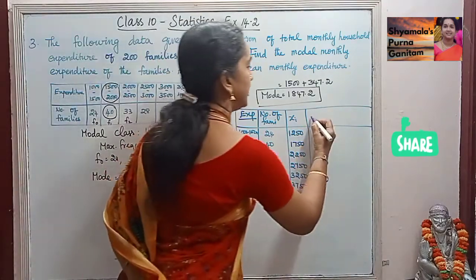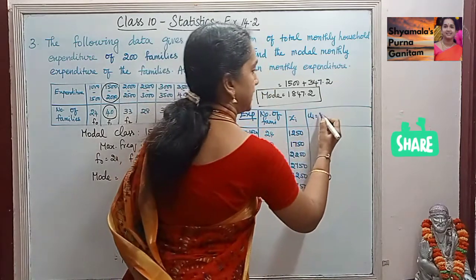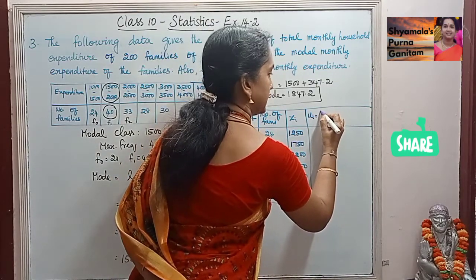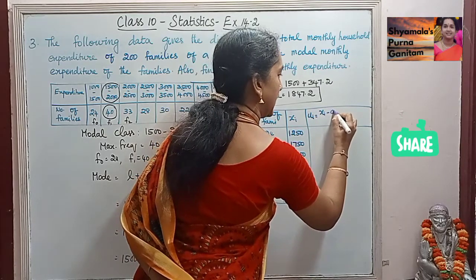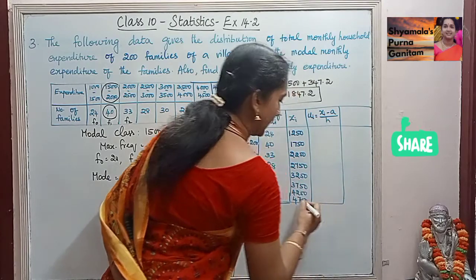Now we will calculate ui. ui is (xi minus a) divided by h. First we will take a.